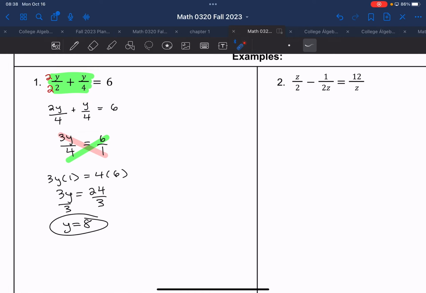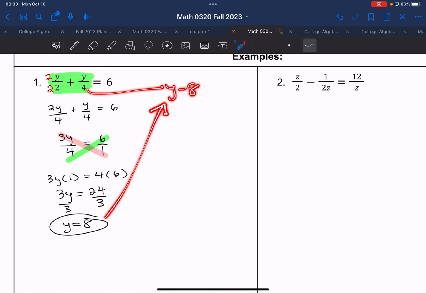The reason we're checking if it's on the denominator is because, let's say on the denominator we had y minus 8, right? Let's say instead of that 4, it was y minus 8. If we plug in that answer of 8, what would we get on the denominator?